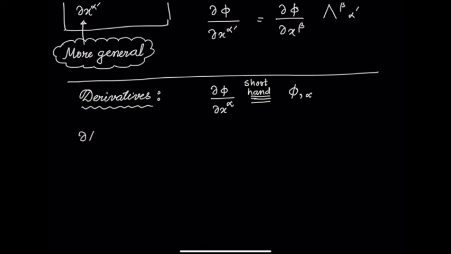If I have del a alpha del x beta, in this funny notation we'll write a alpha comma beta.